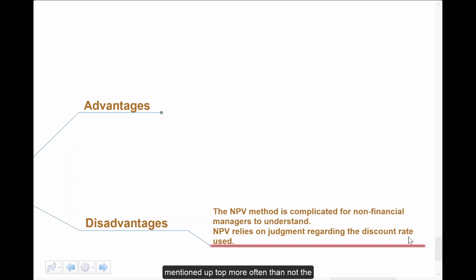As mentioned up top, more often than not, the cost of capital will get used. But what if the project has a higher degree of risk than our business? Or what if the project, at the end of the day, is much more risky than we thought, and we're using a discount rate that is out of place?